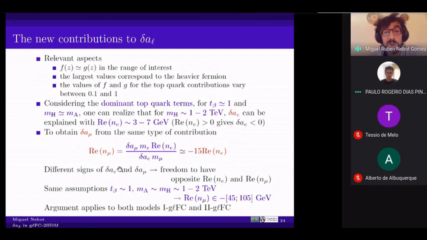And you get that value just by comparing what you need to reproduce the electron and the muon, and you have that scaling. It's just taking a muon coupling which is minus 15 or 16 times the electron coupling. And that automatically gives you the good muon anomaly. The fact that you have different signs is just that the signs of the couplings are different.